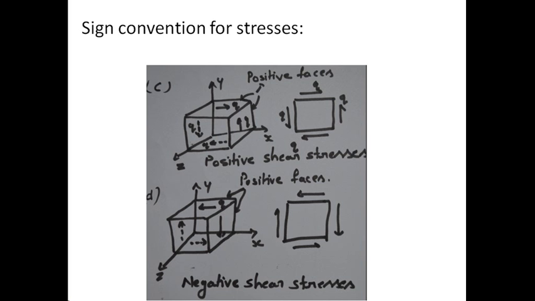So all the shear stresses you can see in figure C are positive. Such positive shear stresses tend to reduce the angle between two positive or negative faces. Similarly, all shear stresses you can see in figure D are negative.